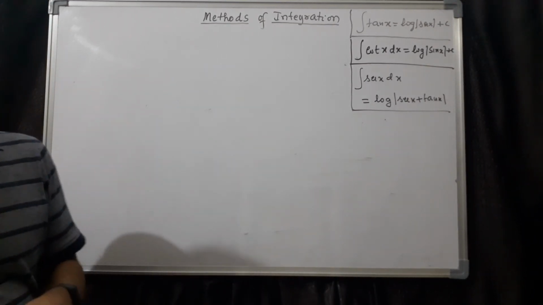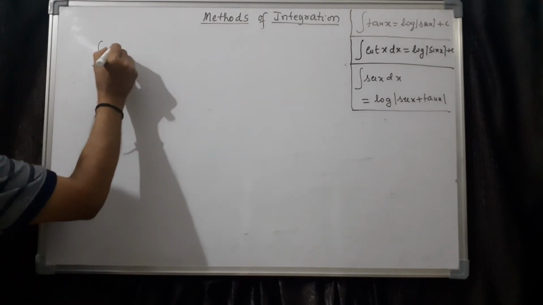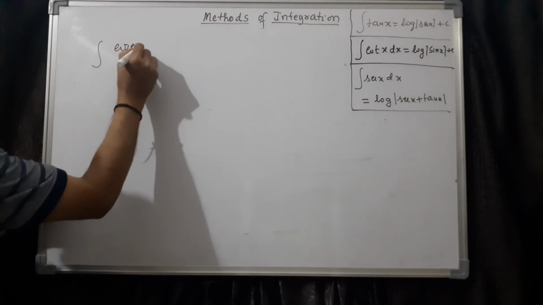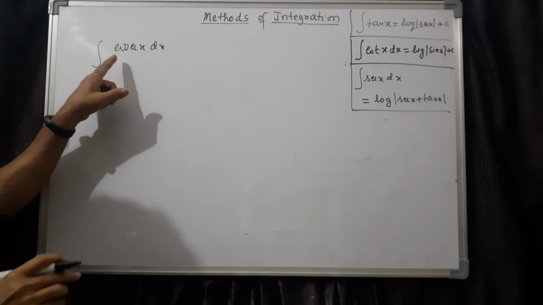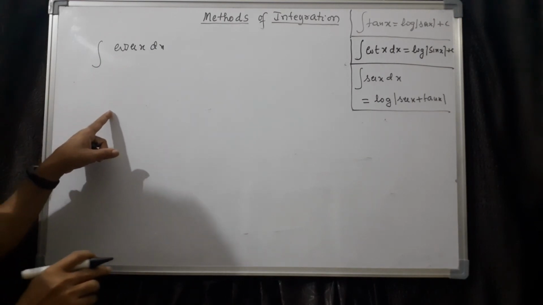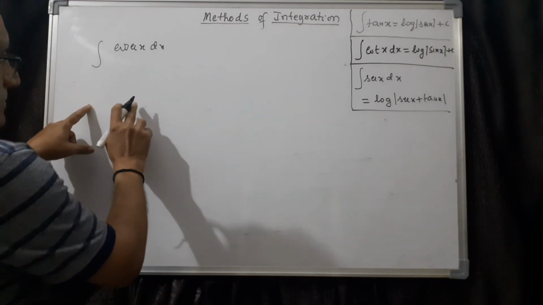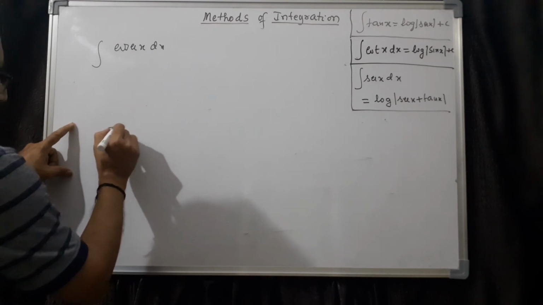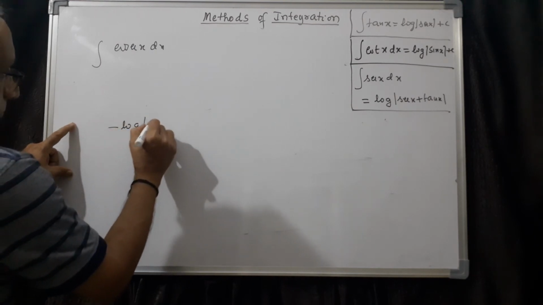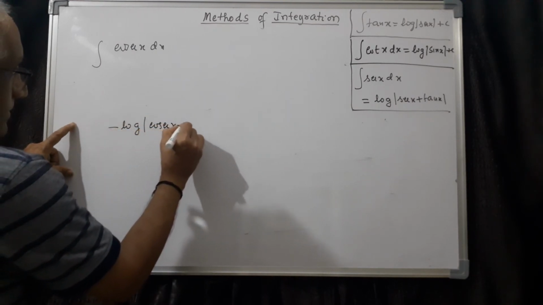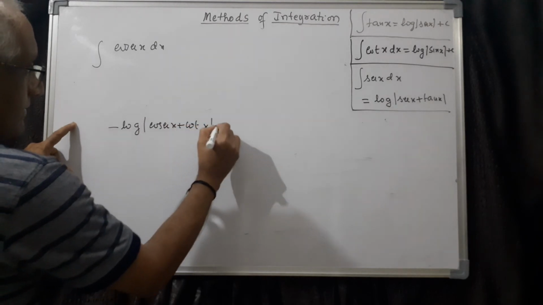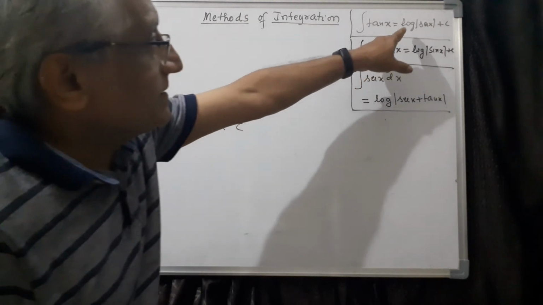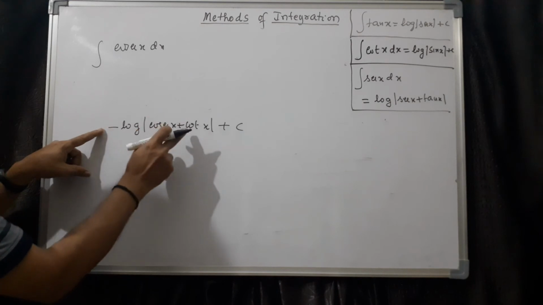When it is cosecant, same thing. See, cosecant x dx, same thing you have to do, cosecant x plus cot x. Only thing is you get minus log of cosecant x plus cot x plus c, just like here, and this minus you have to take here.